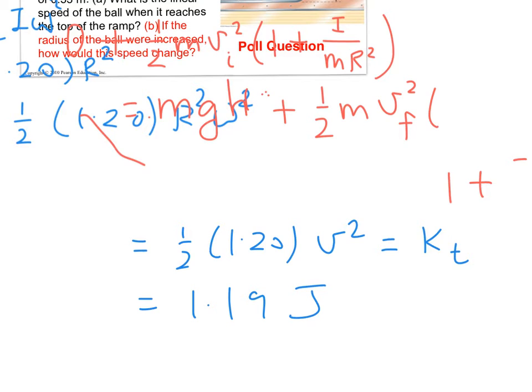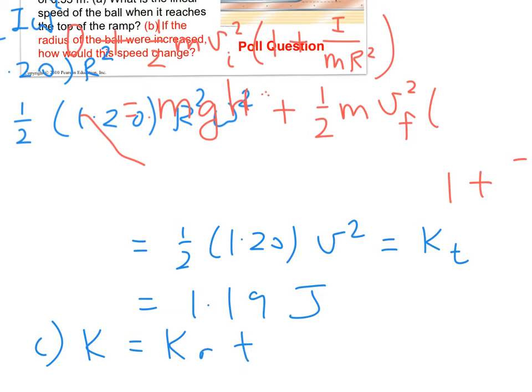And for a bowling ball, I is 2/5 m r squared. Okay? We're assuming that it is a solid ball as opposed to a shell that's hollow inside. It's not hollow inside, it's solid, and you can look it up.